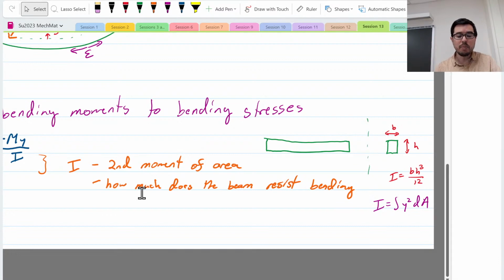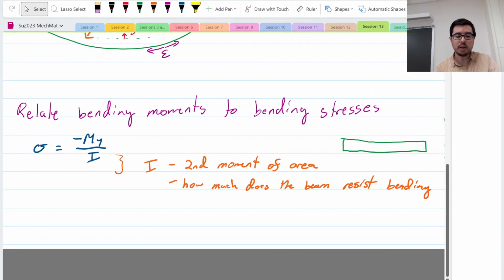But look, if we go to the bending stress equation that we have over here, there's actually a y that is going to be related to the thickness, or how far I am away from the neutral axis.